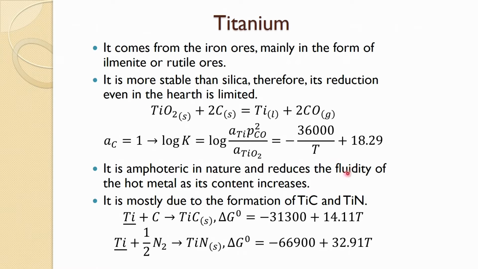Fluidity is reduced due to the formation of these carbide and nitride, which form when the dissolved titanium reacts with carbon and nitrogen. The standard free energy for this reaction is given here.